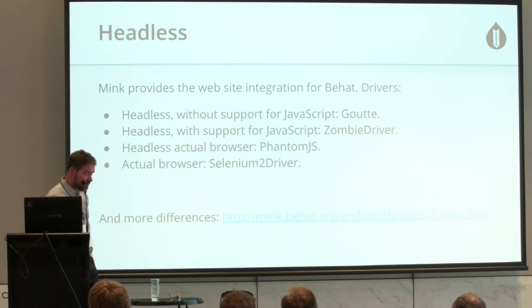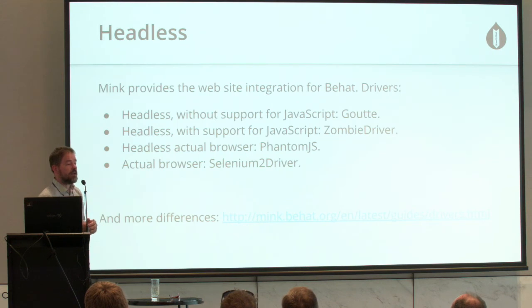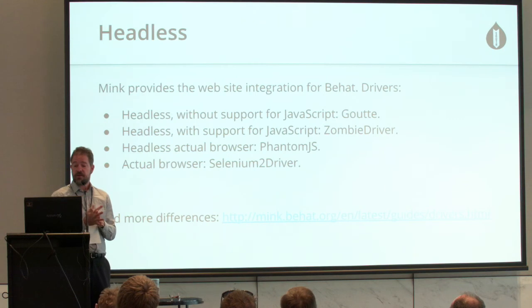Running tests is very slow if you use a full browser. Often the good thing to do is run your tests all the time. People commit to Git, then you actually want to run a full test using Travis, for example. In that case, headless might be a real option.